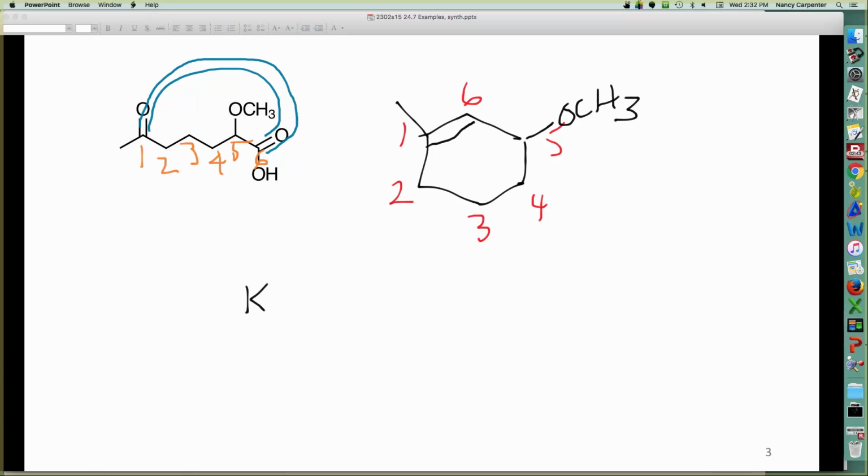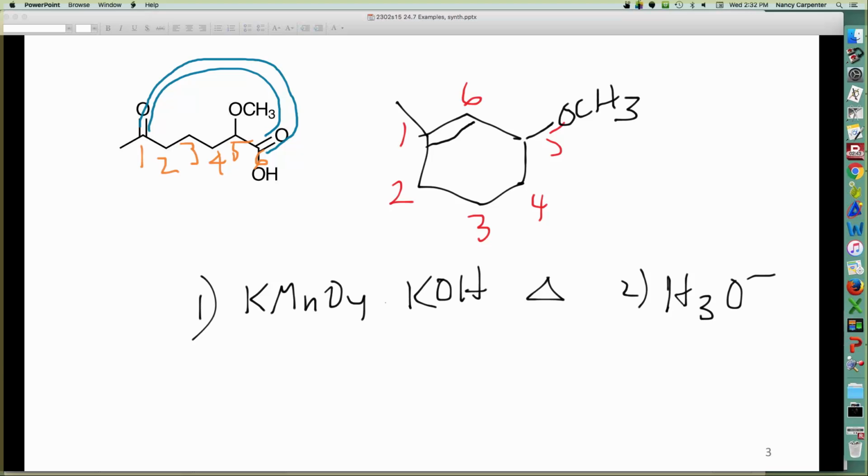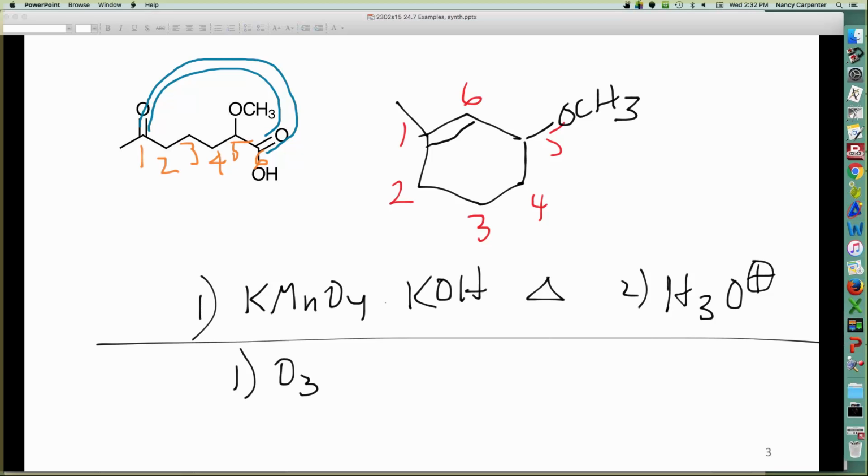I'm either going to use KMnO4 and basic conditions and not cold. We'll just say heat. That'll take us directly to the carboxylic acid after an acidic workup to put the proton back on the carboxylate. Or I could do ozonolysis followed by our oxidative workup.